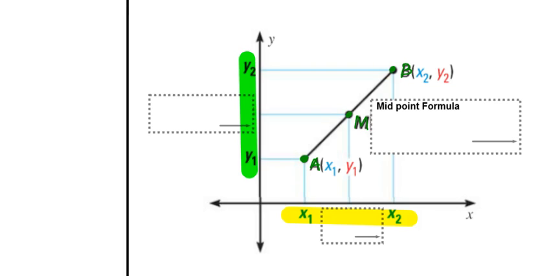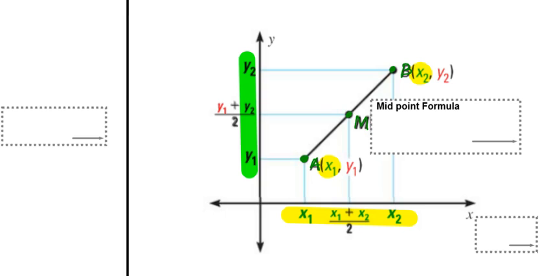And it turns out all you have to do is take the two x numbers and divide by 2. Those two x numbers are the first numbers right here. And then you will take the two y numbers and divide those by 2. And the two y numbers are these guys right here.